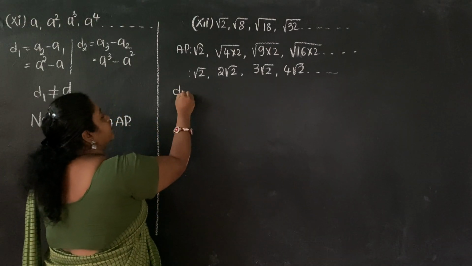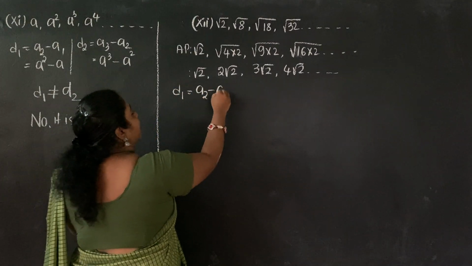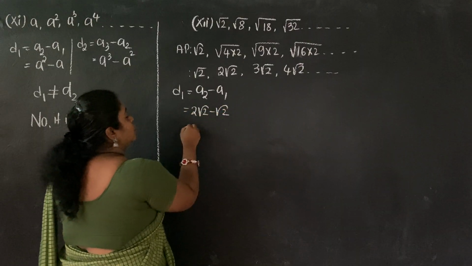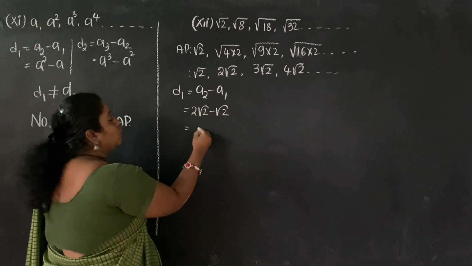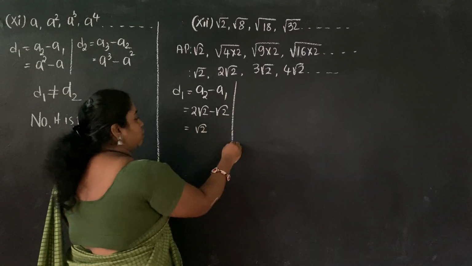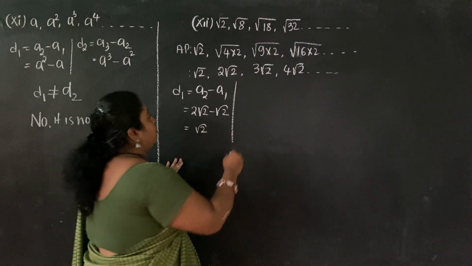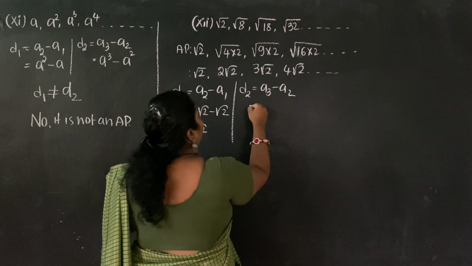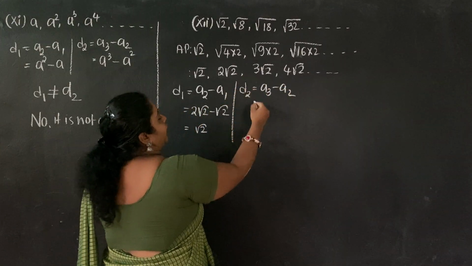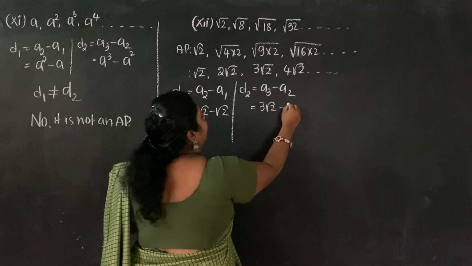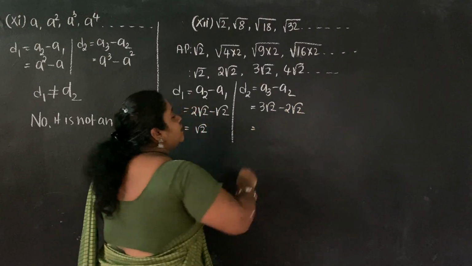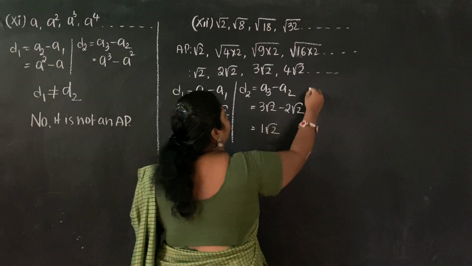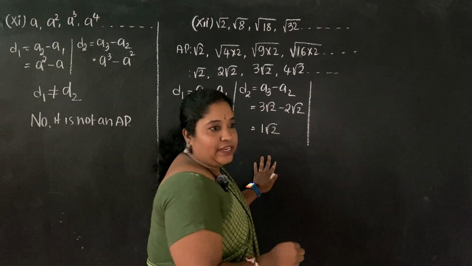Okay. Now you check here, dear. D1, that is A2 minus A1. A2 is 2 root 2 minus root 2. See, 2 root 2 minus 1 root 2 will give me 1 root 2. That is the D1 value. D2 is equal to how much, dear? A3 minus A2. What is the A3 value I have? A3 is 3 root 2. A2 is 2 root 2. See here, 3 root 2 minus 2 root 2 will give me 1 root 2. Understanding? Next, I'll be calculating the D3 value.